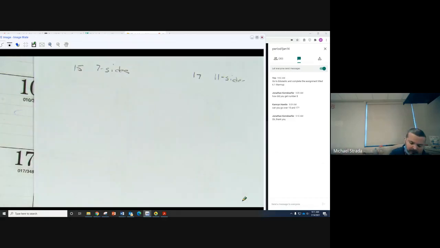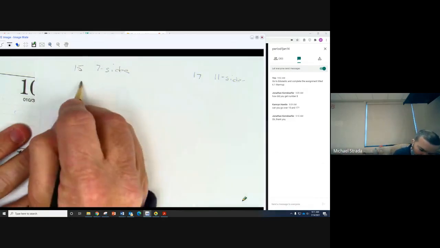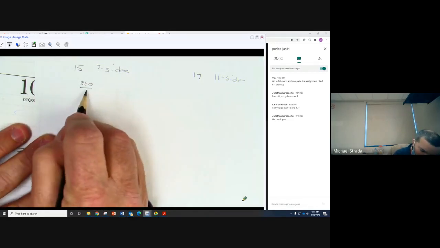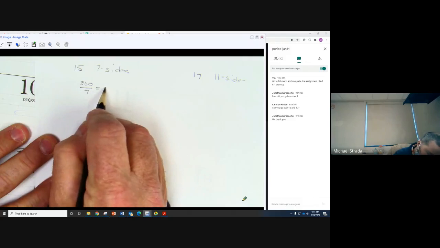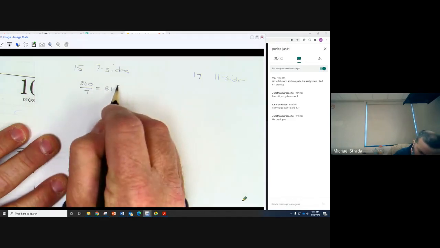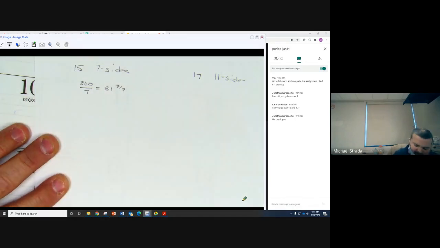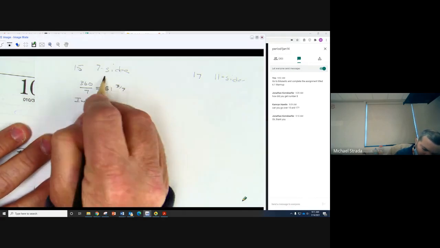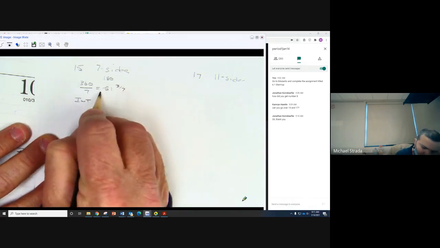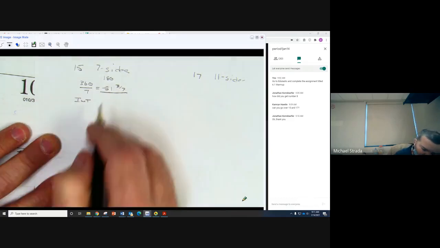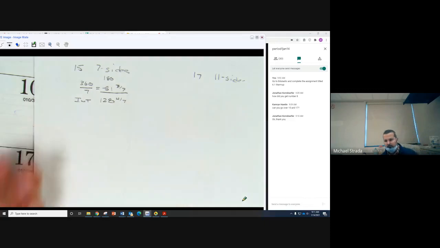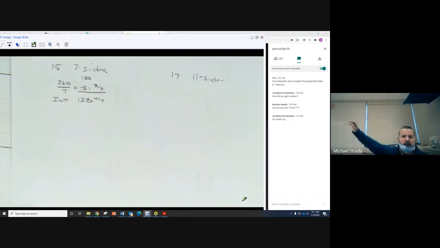Again, exteriors always add up to 360. 360 divided by 7 is 51 and 3/7. That's the exterior angle. To get the interior angle, you just subtract that from 180. And you get 128 and 4/7. They round it again.